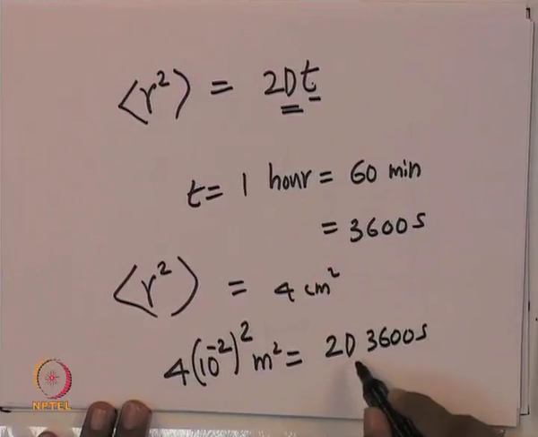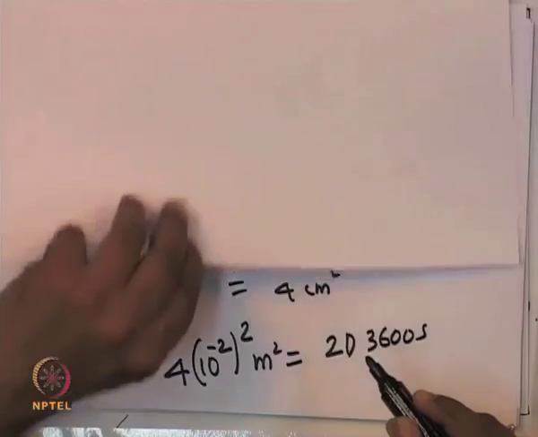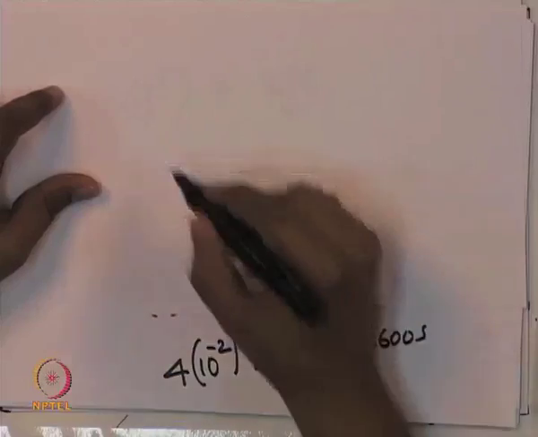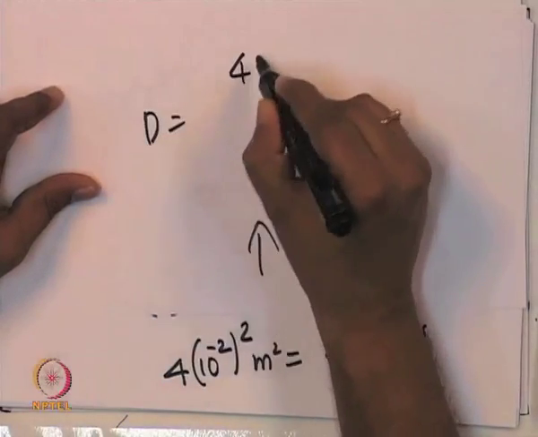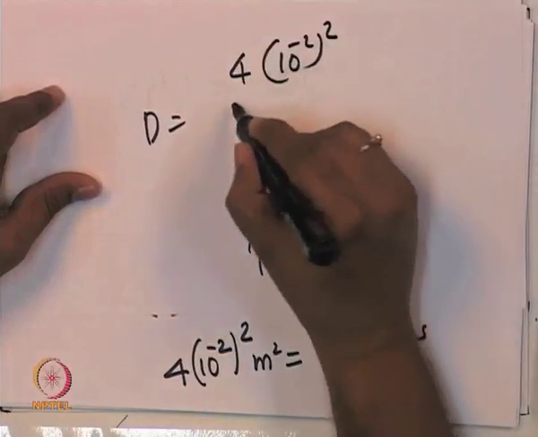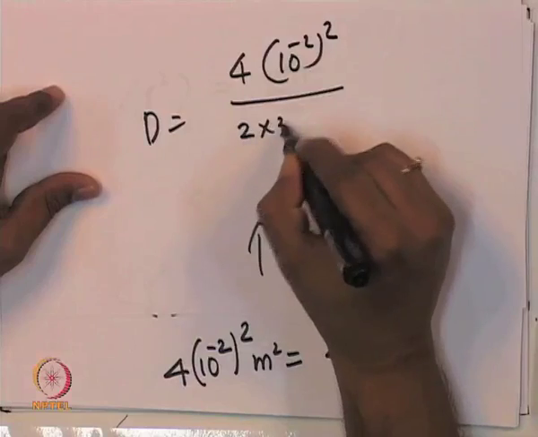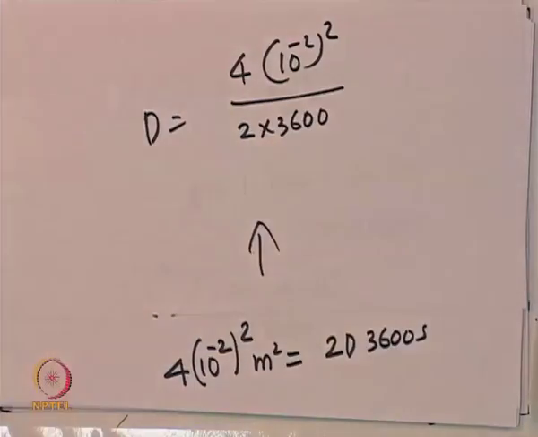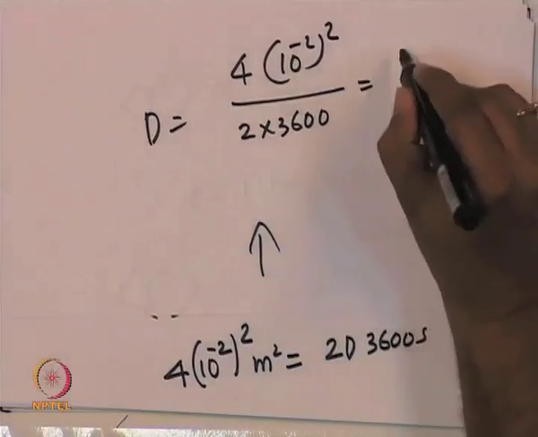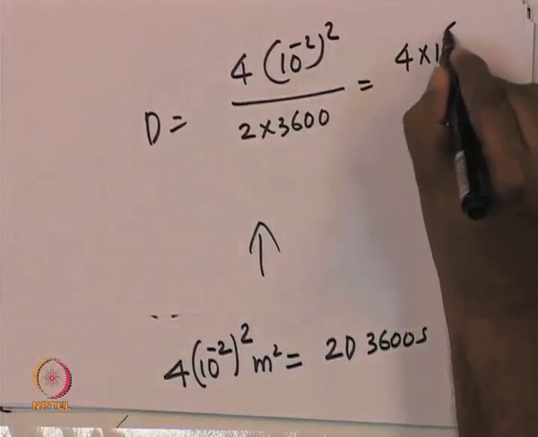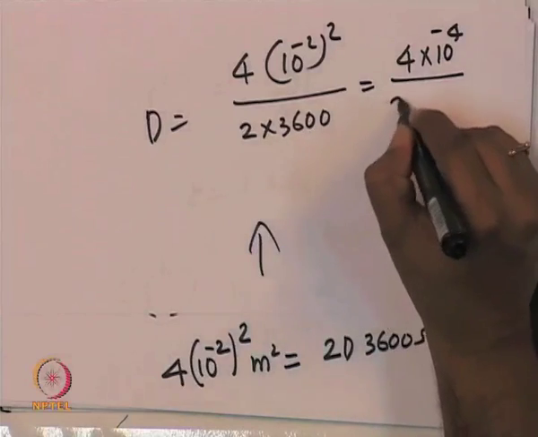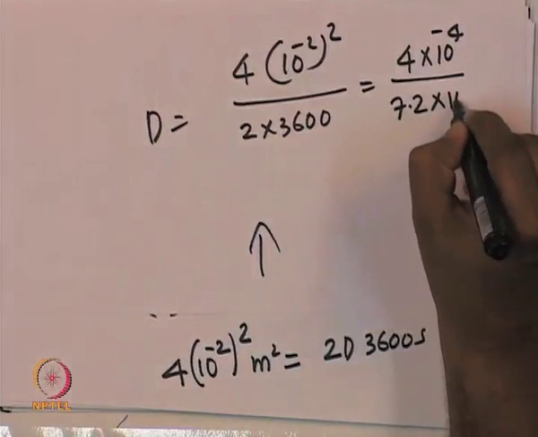So, from this D is basically equal to 4 into 10^-2 whole square divided by 2 into 3600. So, this is the answer. You can write 4 into 10^-4. This is 3600 into 2, you can say 7.2 into 10^3.